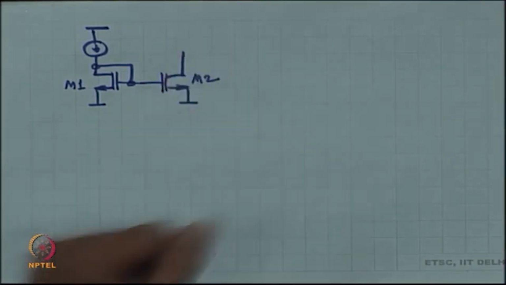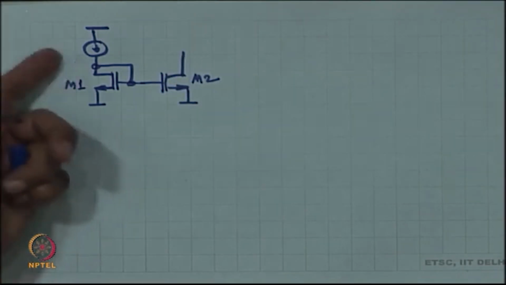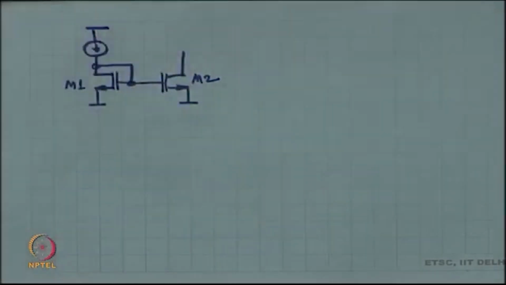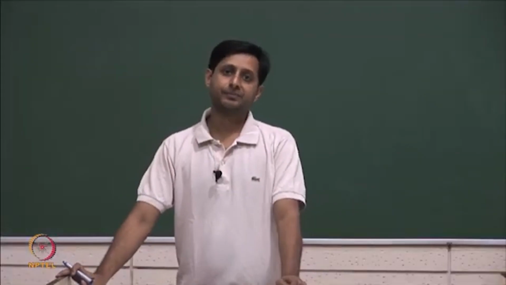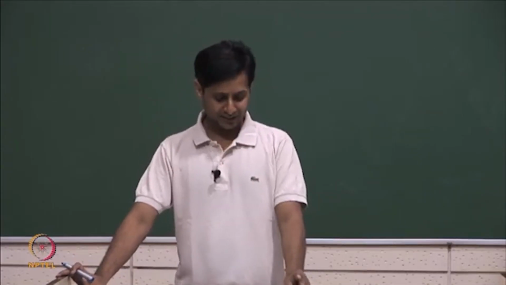Now, this copy need not be an exact copy, it could be a proportional copy. So, for example, this is 1 milliampere, this we could make 0.1 milliampere, 1 milliampere, 10 milliamperes, 100 milliamperes, whatever you want. Okay. So, this is as far as we had discussed.